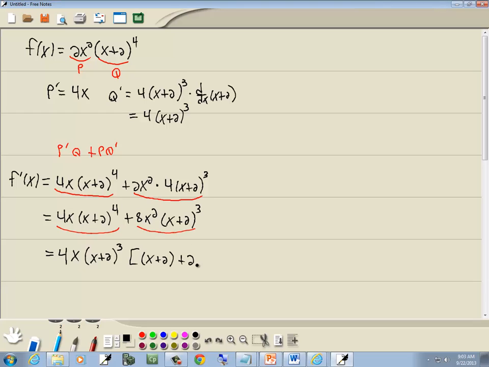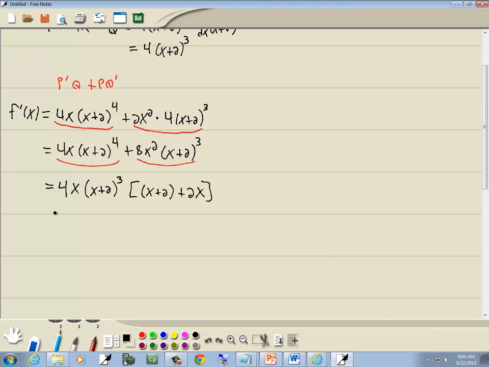One of these x's is gone, so it leaves us an x, and all of those are gone. Okay, so then it gives us 4x times x plus 2 to the 3rd, and then x plus 2x is 3x plus 2.